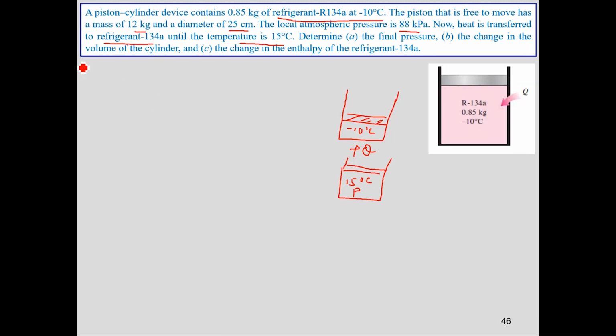And we discussed that the pressure inside the chamber should be equivalent to the external pressure acting on the refrigerant.